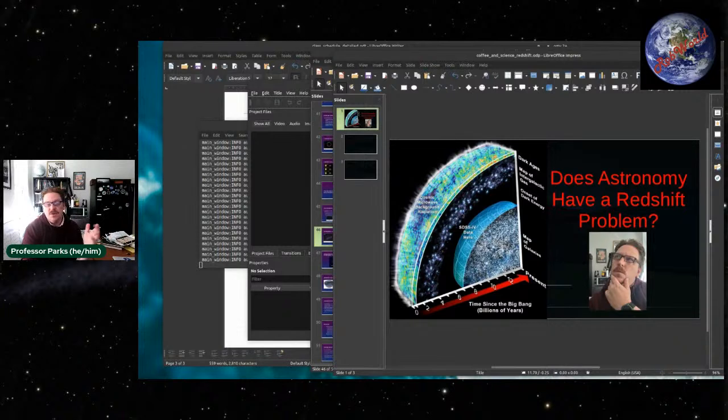So what I'd like to do on Sunday is address these issues and see whether or not these anomalies are actual problems. If they are not, then I can explain why they are not problems. But if they are problems, I can acknowledge them and let folks know what astronomers are doing to rectify or solve that problem.